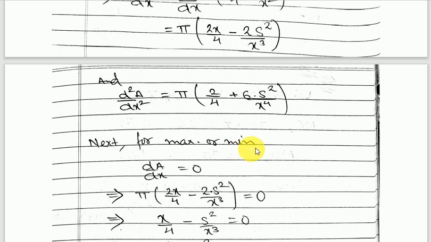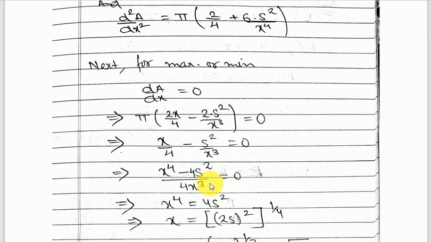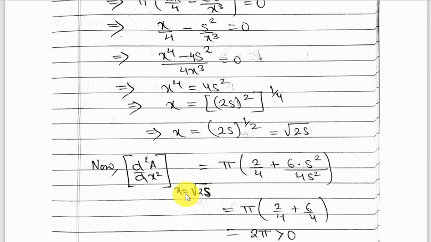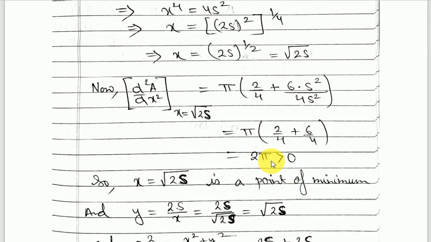Next, for maximum and minimum, the first derivative should be equal to 0. So put the first derivative equal to 0 and solve for x, and you get x equal to square root of 2S. Now find the second derivative for x equal to square root of 2S, and there you get 2 pi, which is greater than 0.